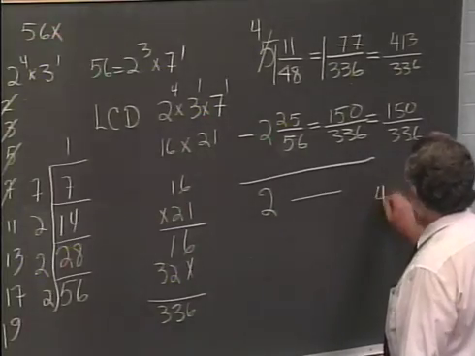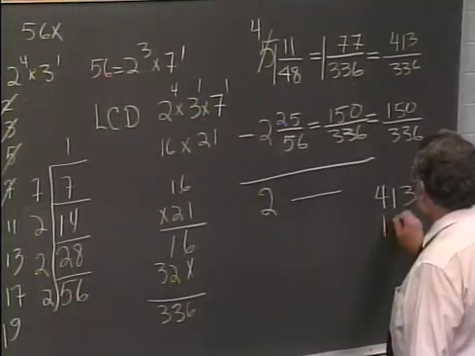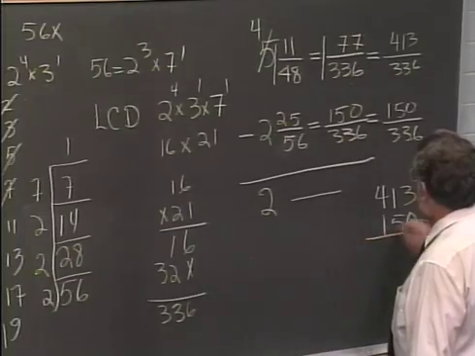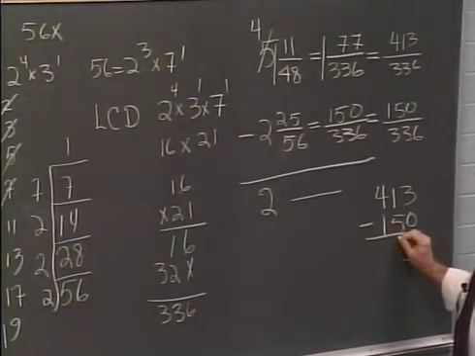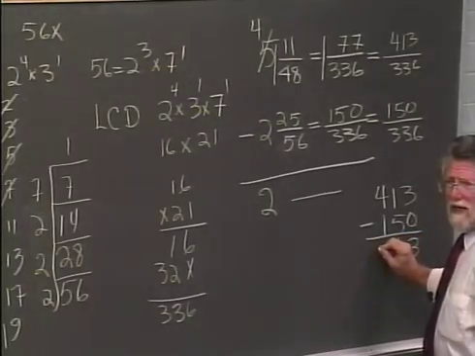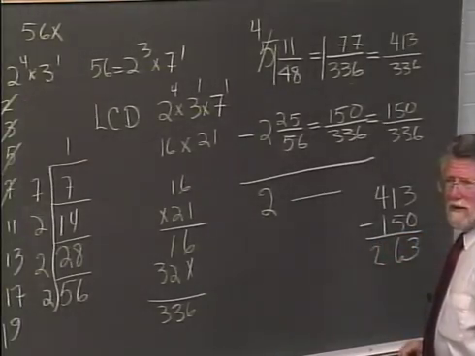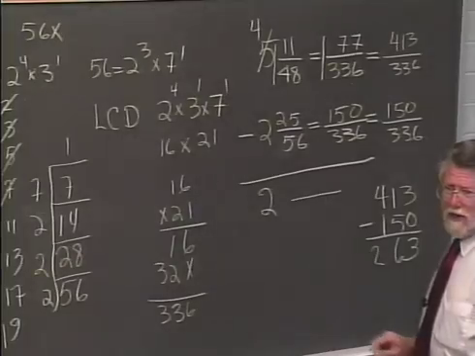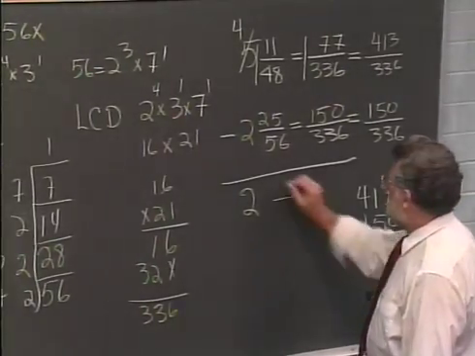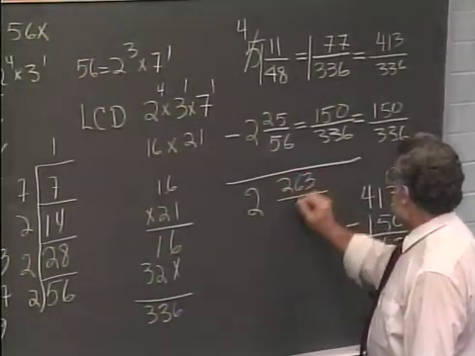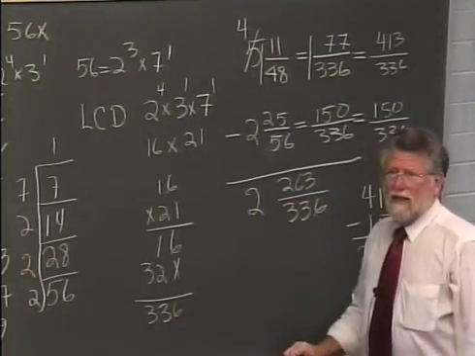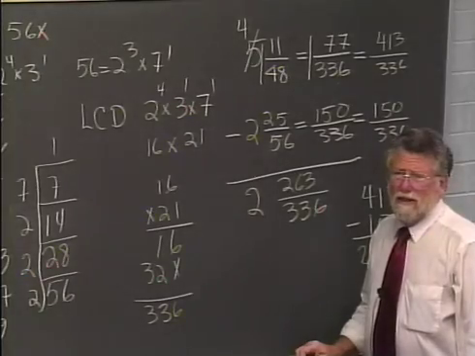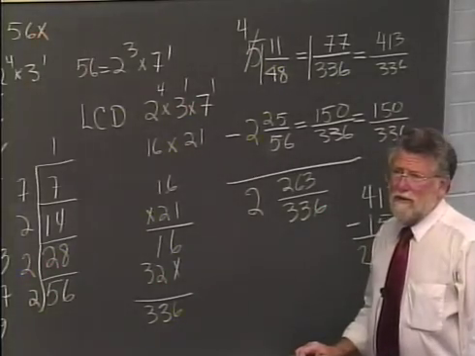Okay, I'm taking 4, 1, and 3, and I'm subtracting 150, correct? Okay, so that's a 3. This is a 6, and this is a 2, because I had to either carry or borrow. So 263 over 336.